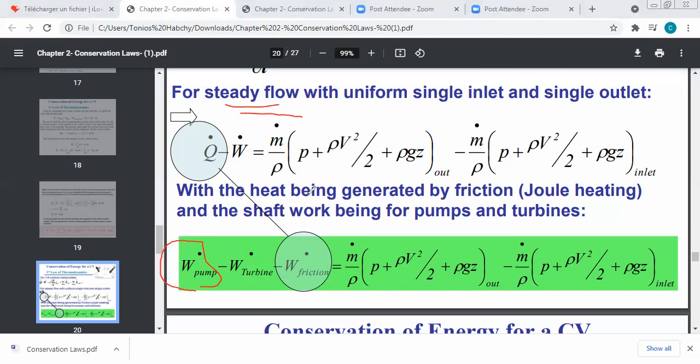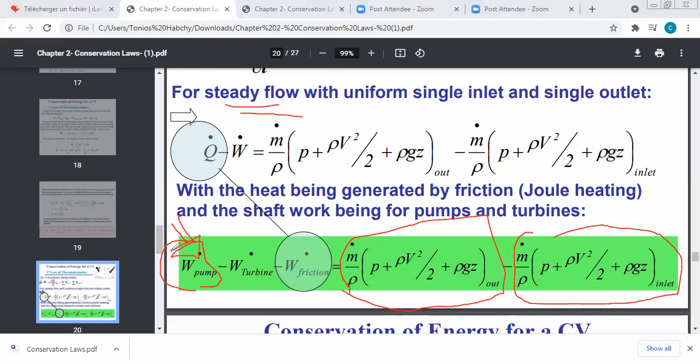This pump work will be transported by my fluid, so it will be gained by the fluid that is crossing over. This is why it will increase the energy of the outlet flux. The outlet flux will have an energy larger than the inlet flux due to the work of the pump delivered.